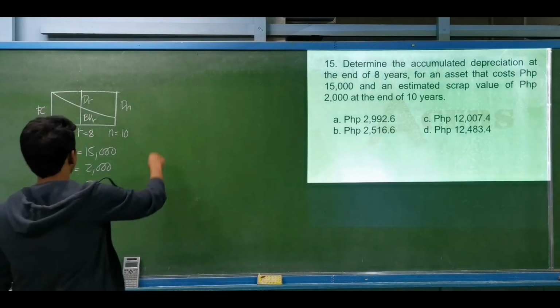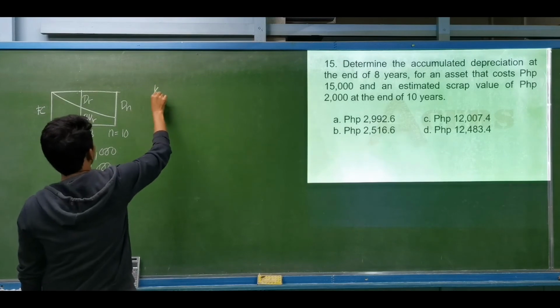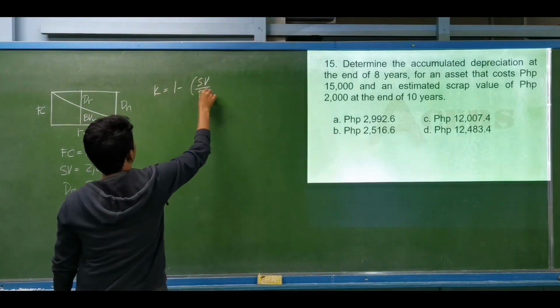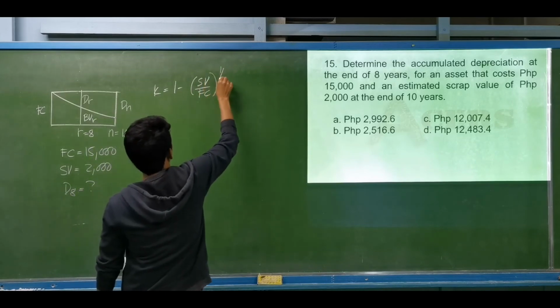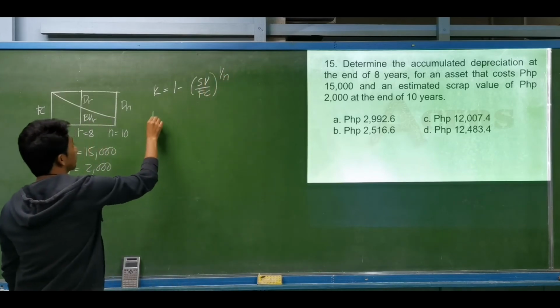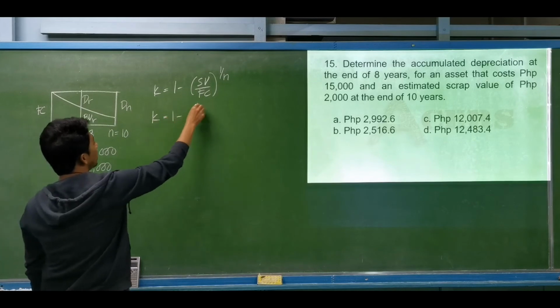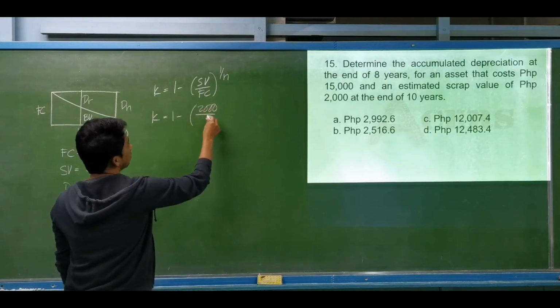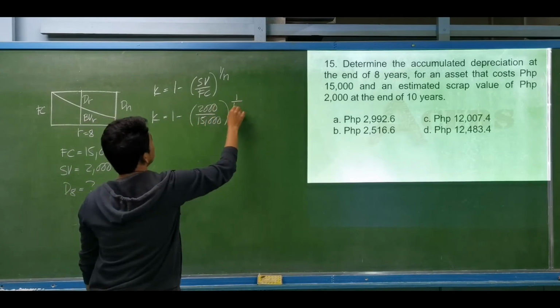We may first compute for the rate of depreciation. That is 1 minus salvage value divided by the first cost, raised to 1 over its useful life. The rate of depreciation is 1 minus our salvage value of 2,000 divided by the first cost of 15,000, raised to 1 over 10.